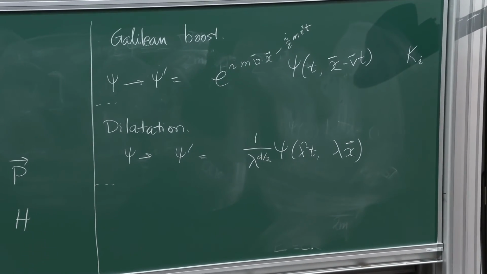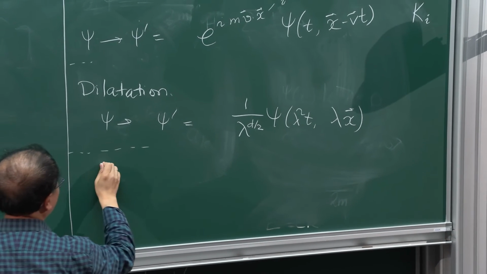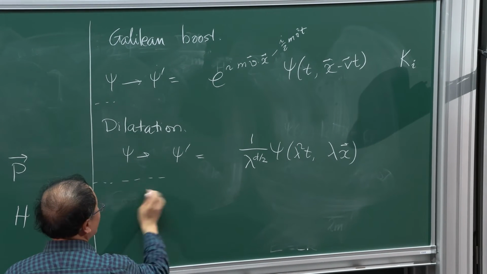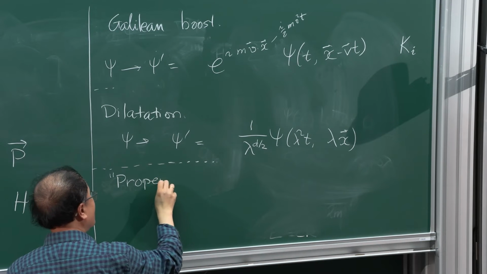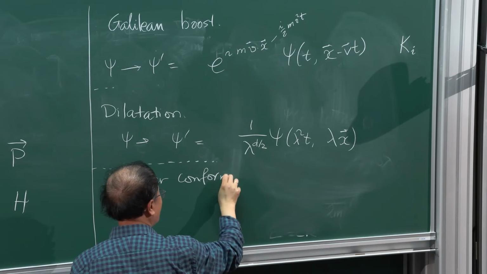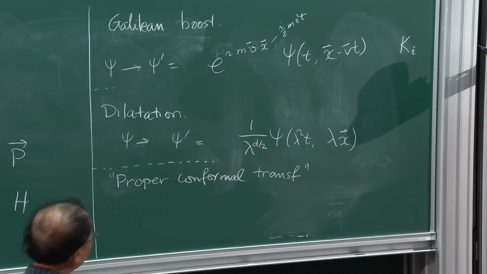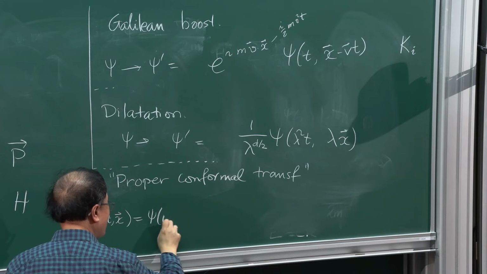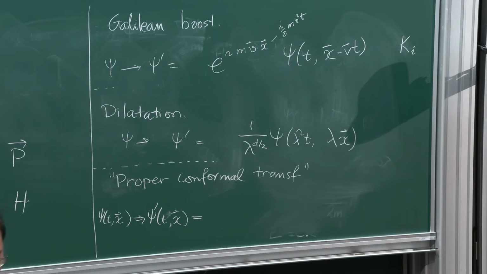Okay, now the most non-trivial thing, and it makes the use of the word conformal symmetry somewhat justified, is the existence of something that I would call proper conformal transformation. Turns out that if we have a solution psi of t and x, I can generate a new one by the following rule.